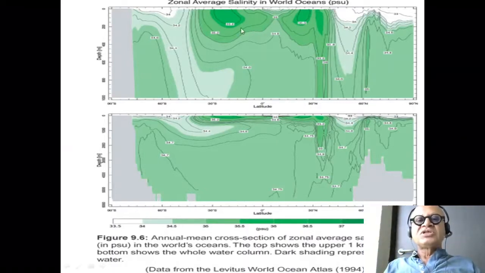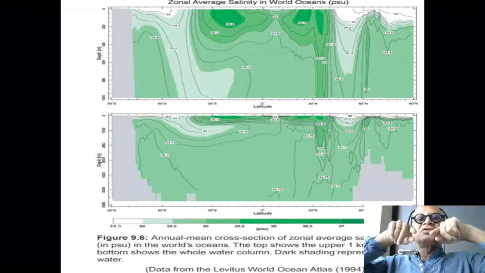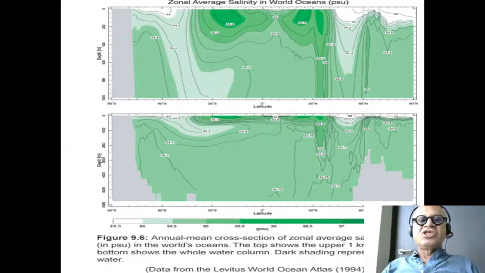The rising motion is supplied by these circulations coming in from the subtropics. So this is like the ocean's Hadley cell. Upwelling water is going away from the equator, sinking here and coming back. So similar to the Hadley cell in the atmosphere, you have a Hadley cell in the ocean. These are called subtropical cells, as we will see later on.